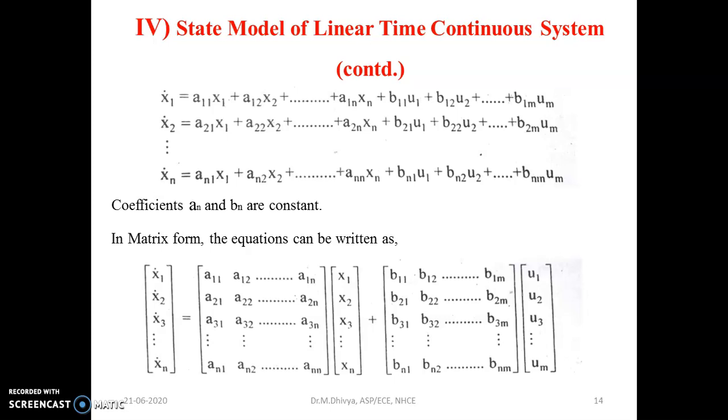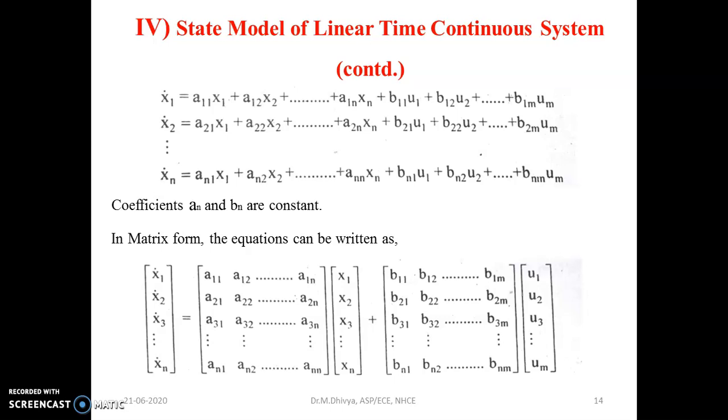Similarly, x2 dot is given by a21 into x1 plus a22 into x2 till it extends up to a2n into xn plus b21 into u1 plus b22 into u2, and it extends till the m-th input variable.